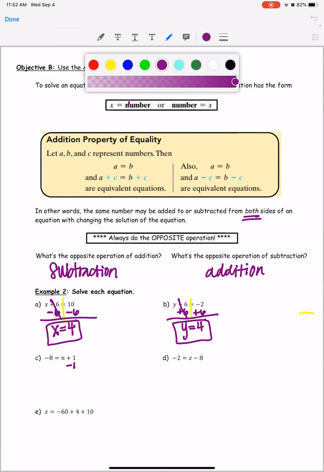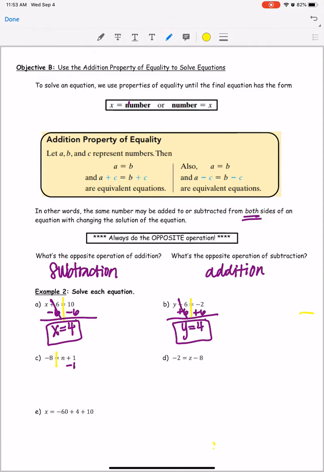So even though we're doing this to the opposite side, it's still the same concept. It's still both sides of the equation. So if I am subtracting 1 from the right side, then I have to subtract 1 from the left side as well. So now over here, negative 8 minus 1, same sign, so we add and keep the sign. We get negative 9.